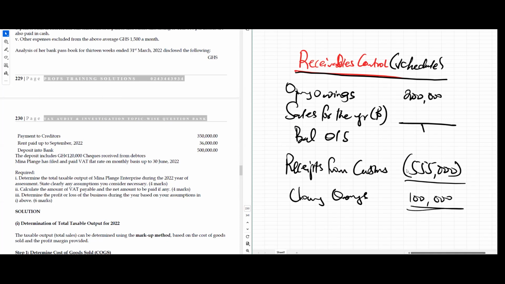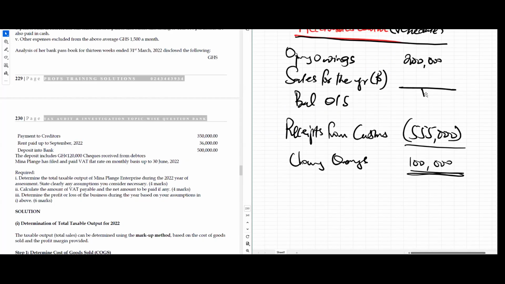Okay, so can we find the missing figure? Yes, we can. Somebody was owing you 200, then you sold more to him. At the end of the day, he paid you 555, which means the figure was bigger than 555, and you are left with 100. So let's go to primary school: box minus 555 gave you 100. What is box? You have to add 100 back to get box.